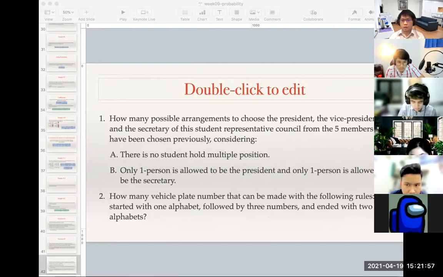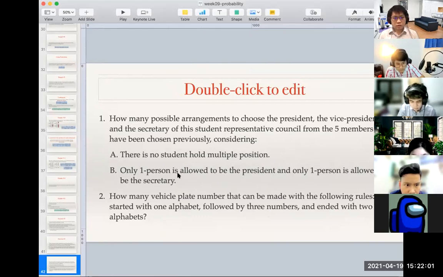Sir, for the number 1B, for the vice president, is it allowed to have multiple people? Yes, it can be multiple people.